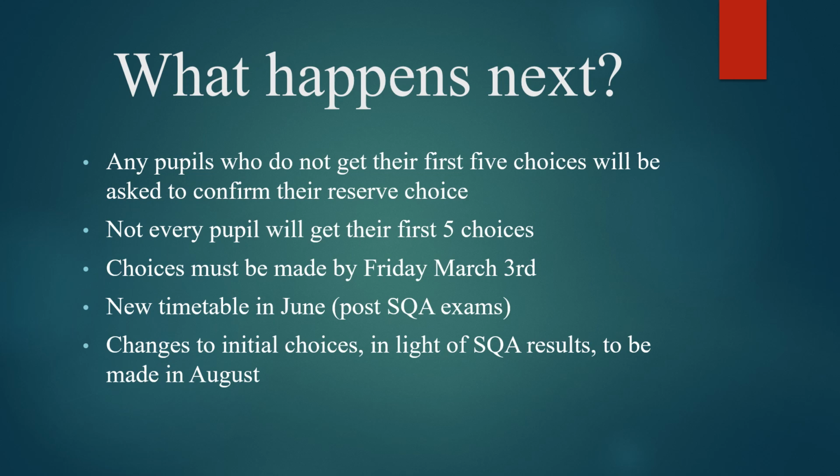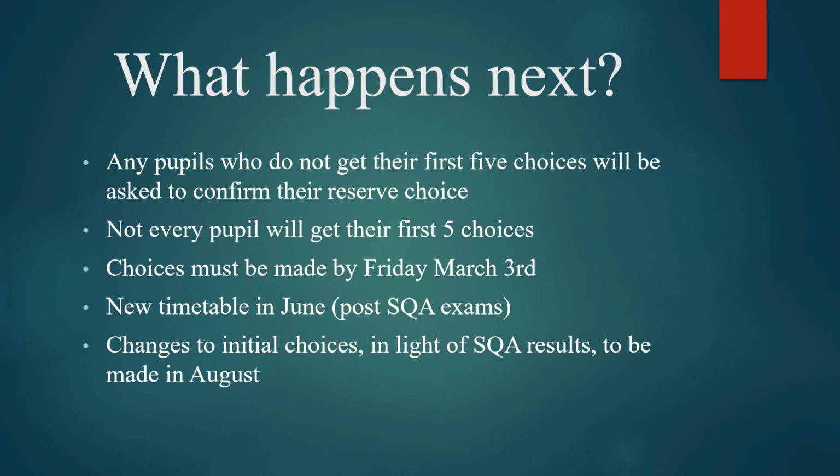So we will offer about 30 subjects, but there are only a limited number of timetabled slots, so inevitably subjects have to be timetabled against one another. And for that reason, not every pupil will get their first 5 choices. And that is when the reserve choice will kick in.